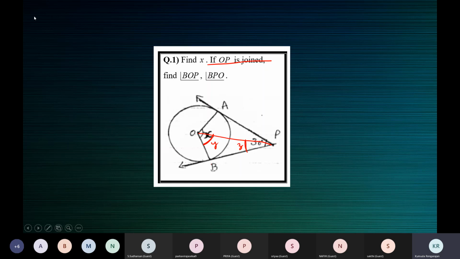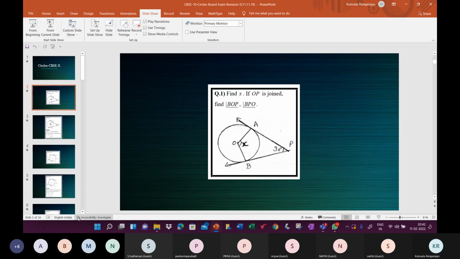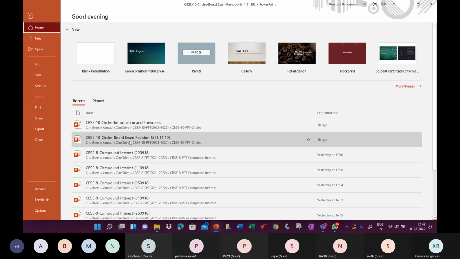So how did we get them? Using these results, what we just saw, the theorem which we just saw.